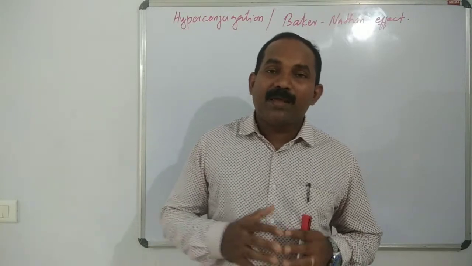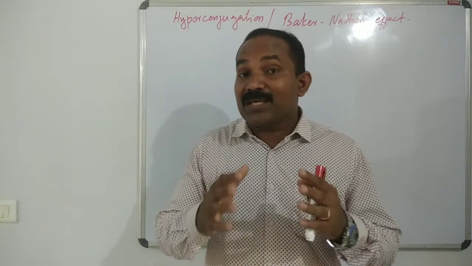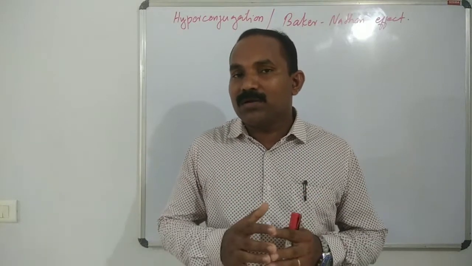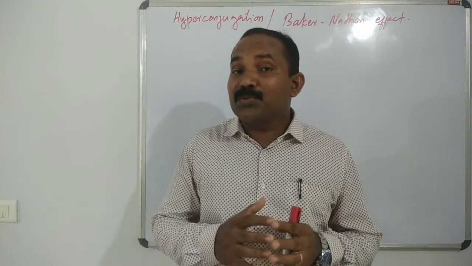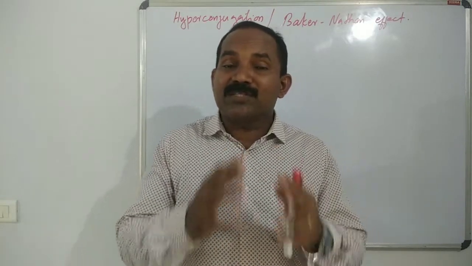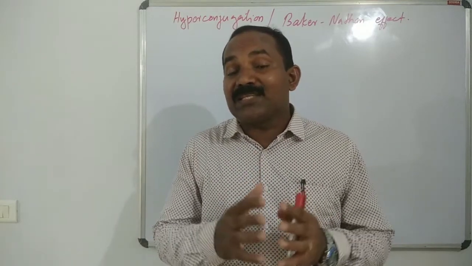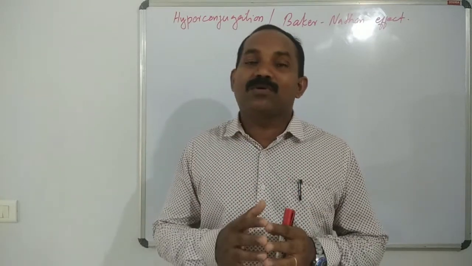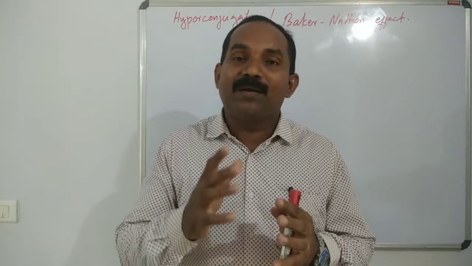Once again, hyperconjugation is a delocalization of CH sigma electron of an alkyl group attached to an unsaturated system, or a p orbital containing unshared electron, or the alkyl group attached to the benzene ring.